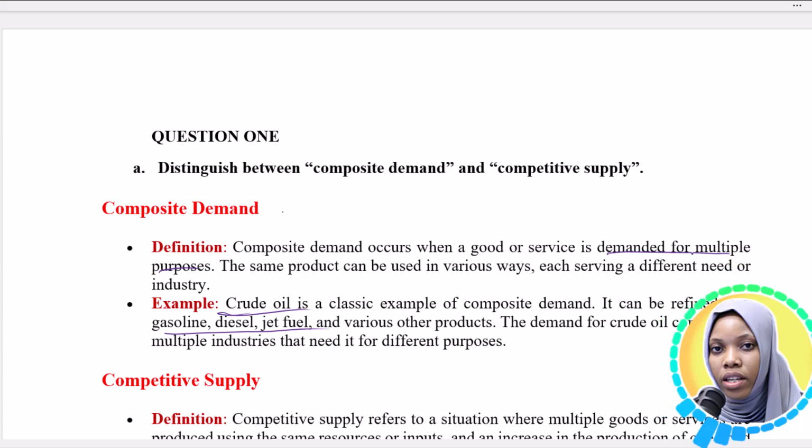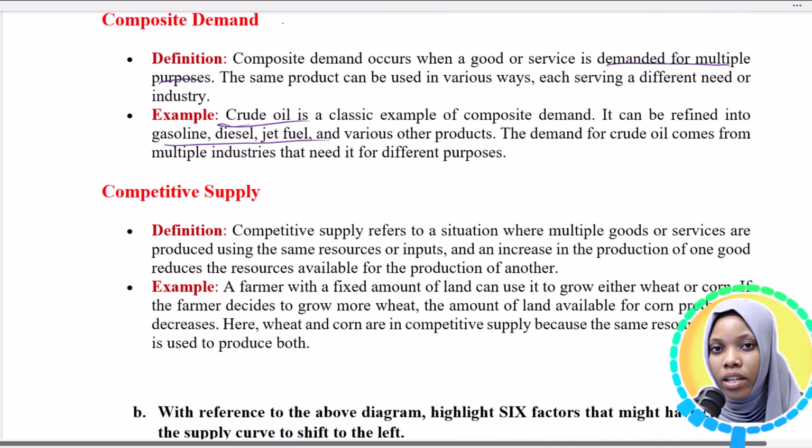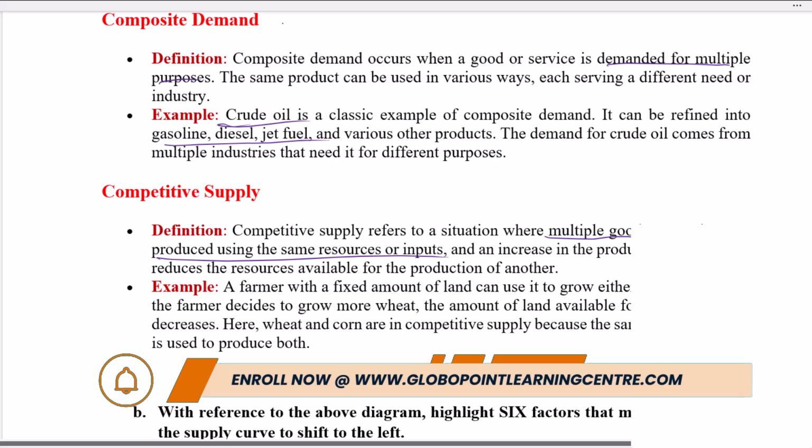Now, competitive supply refers to a situation where multiple goods or services are produced using the same resources or inputs, and an increase in the production of one good reduces the resources available for the production of the other good.